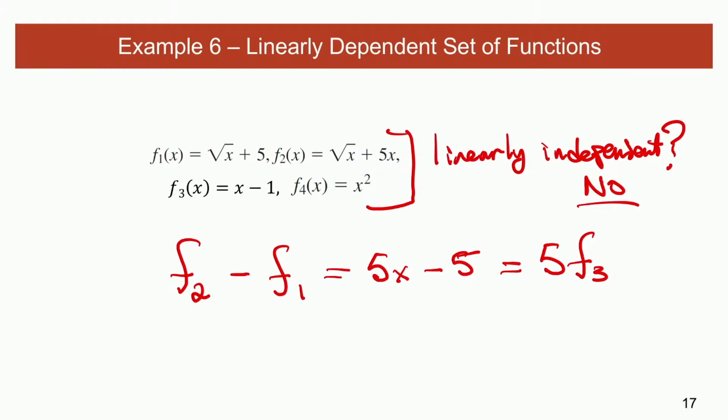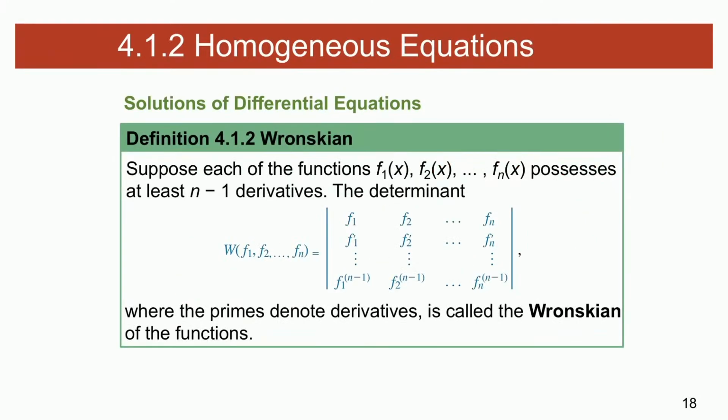However, it could be extremely difficult to figure out if a bunch of functions are linearly independent because who's going to be able to come up with all the different ways that you could combine, like this x squared and the x minus 1? So hard. And so there is a shortcut of sorts, and that shortcut is this matrix called the Wronskian, named after a mathematician.